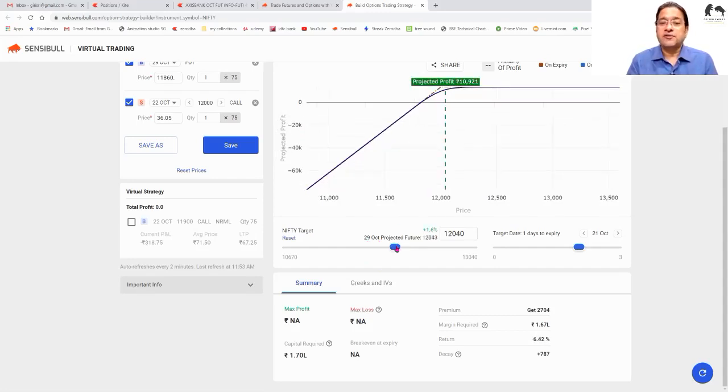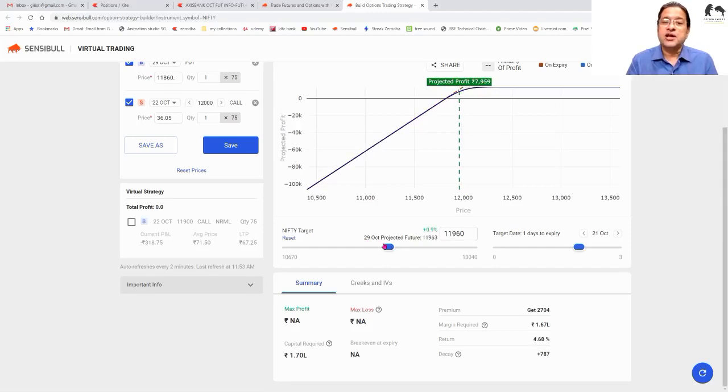That's the whole idea. Or if you are taking a future, then obviously the stop loss has to be put somewhere based on your view. Suppose I put a stop loss at about 11,780, not more than 0.5% on the downside, and this is the loss I'm ready to take.